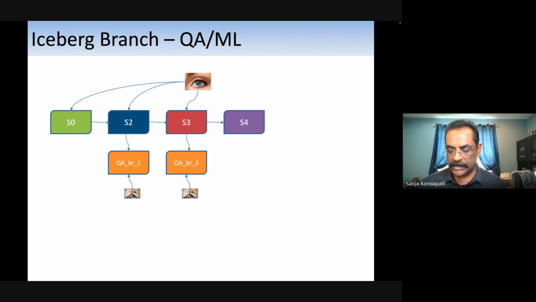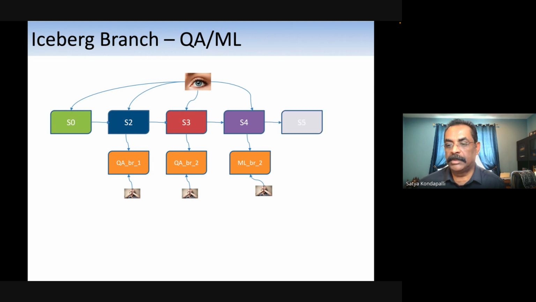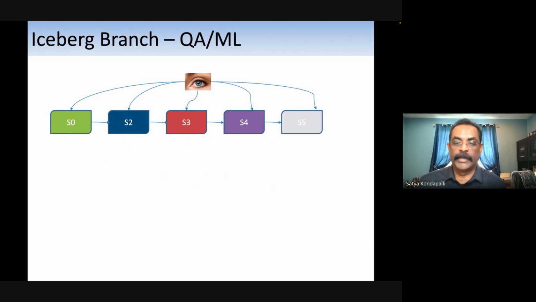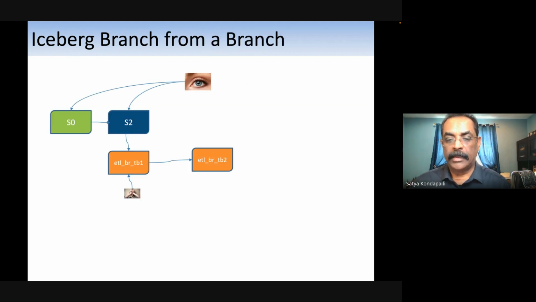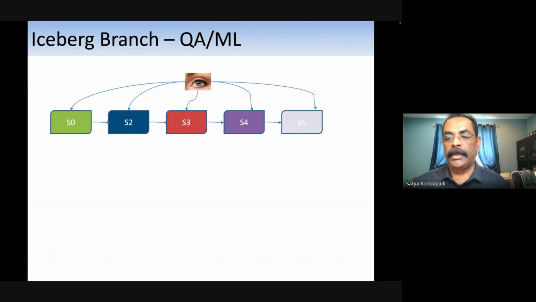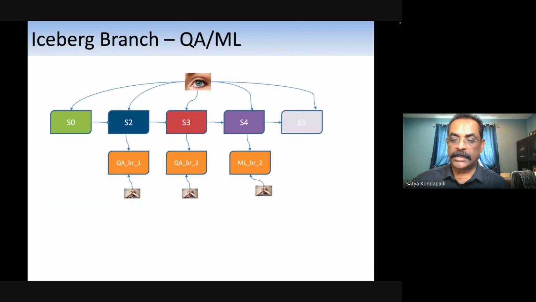Then data keeps moving further. And then the ML team wants to do some testing, so an ML branch, right? As data is progressing forever, QA is done, ML is done. So if you look at here, all are zero copy clones.